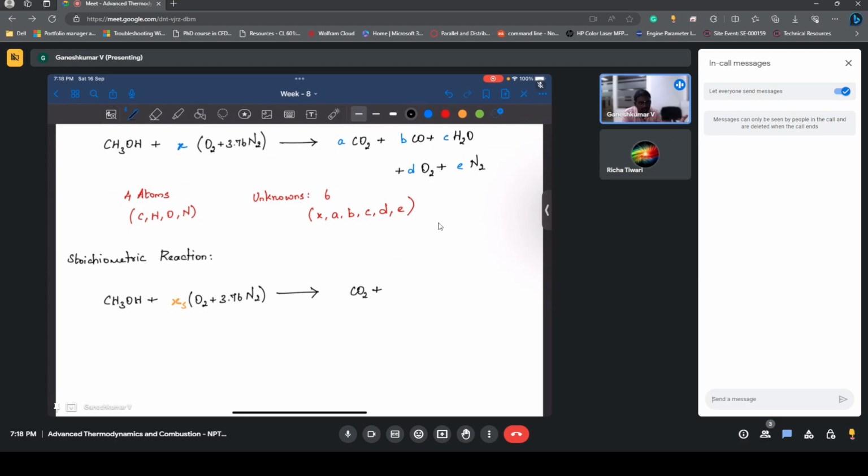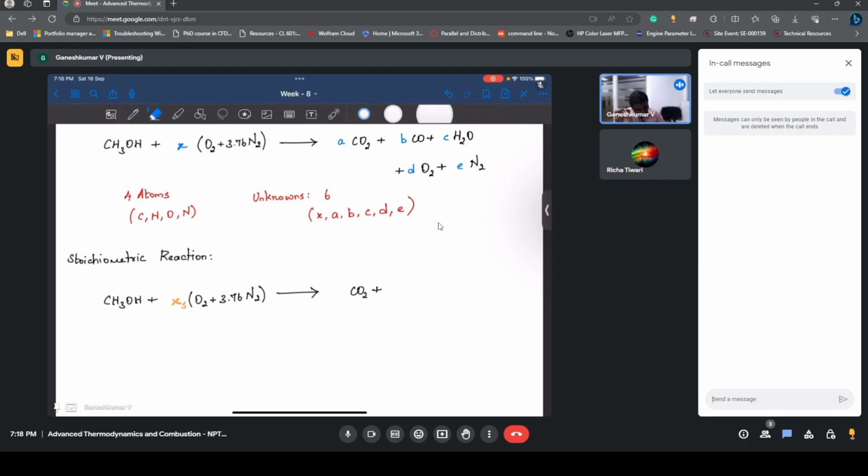That is the combustion process. You are oxidizing that hydrocarbon, so when you oxidize a hydrocarbon, you end up with compounds like CO2 and H2O. So for any stoichiometric reaction, you have to consider only the ideal combustion products.